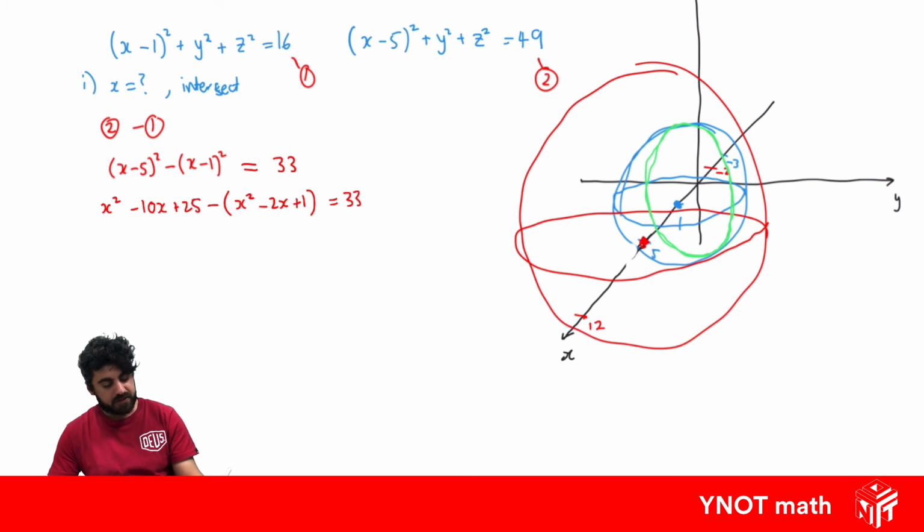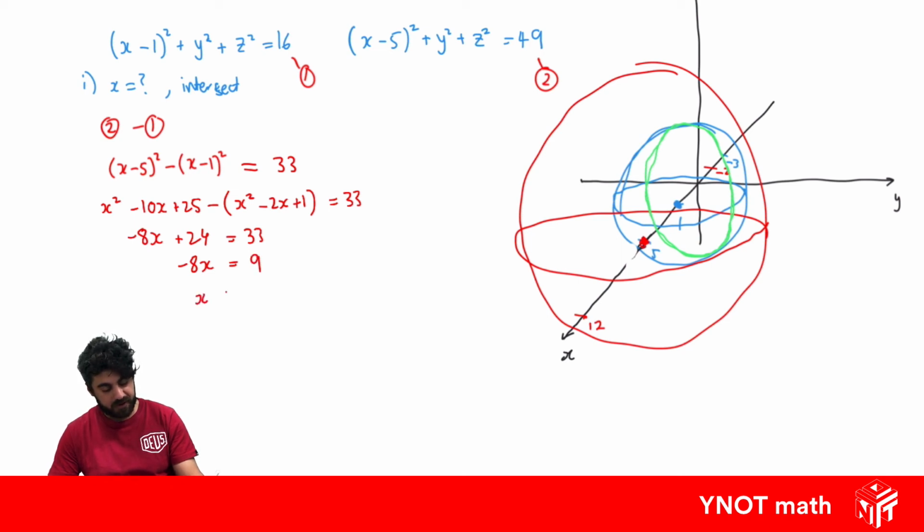We're going to have x² − x², so they'll cancel out. We're going to have −10x − 2x, so we have −8x. Then we're going to have 25 − 1, which is 24, and all this equals 33. Minus 24 from both sides, so we get 9, 33 − 24.